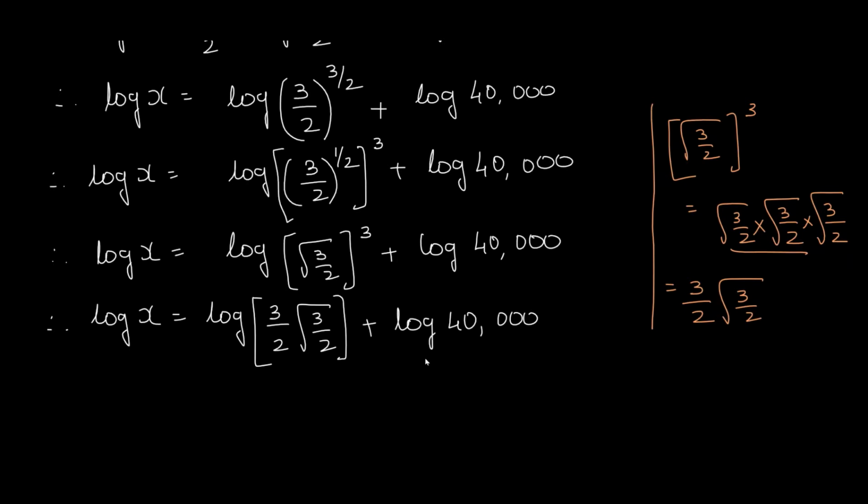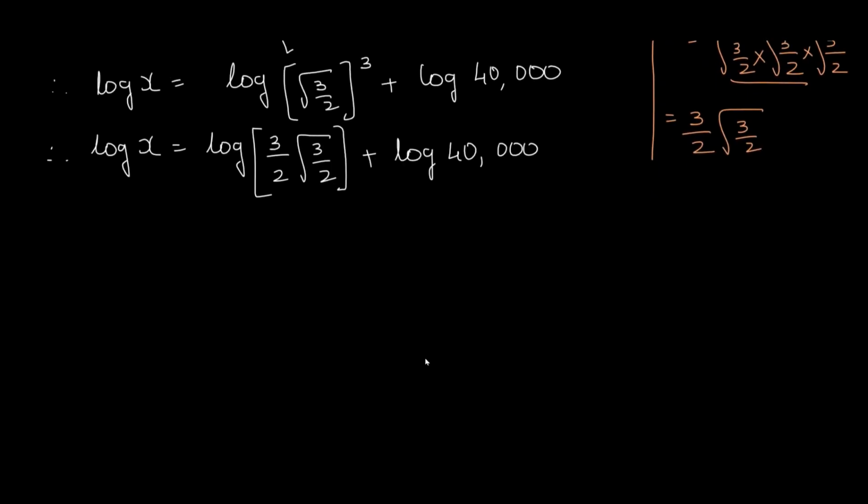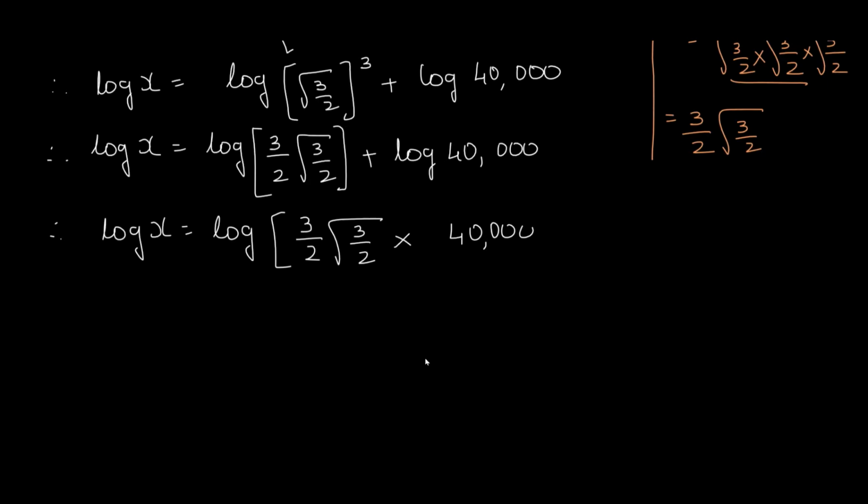Now on the RHS, we combine both the logarithms in the next step. So log x is equal to, when we combine them because of the plus sign, both the numbers are multiplied. So we write log of 3 by 2 root 3 by 2 into 40,000. That is how we combine the logs.